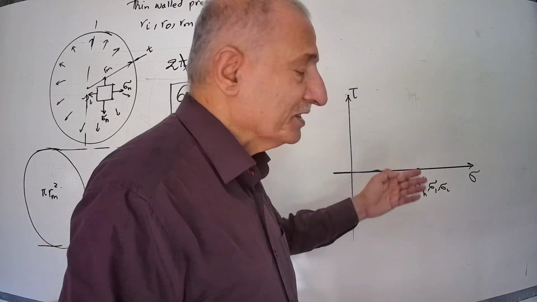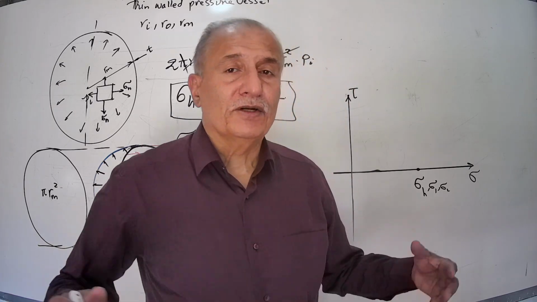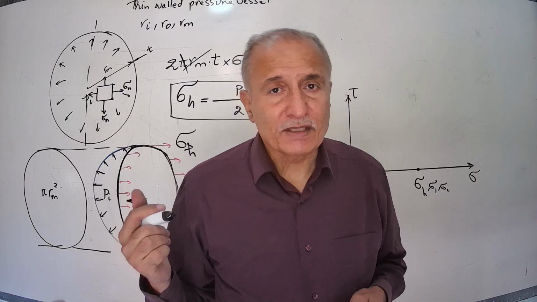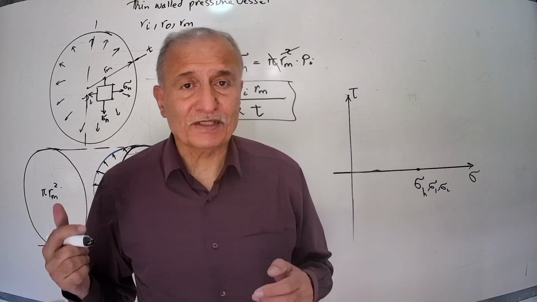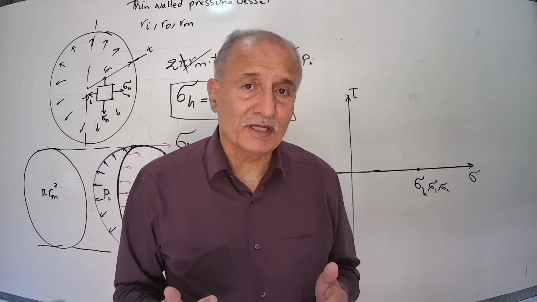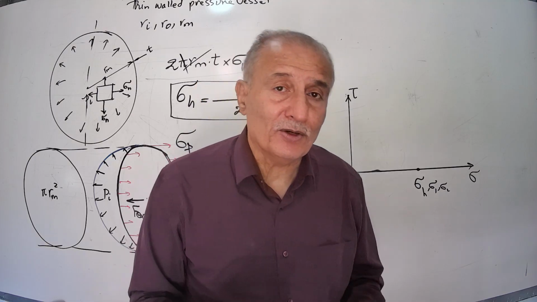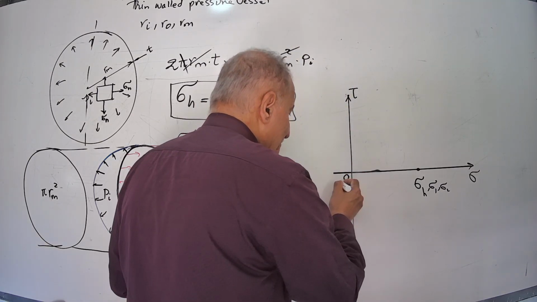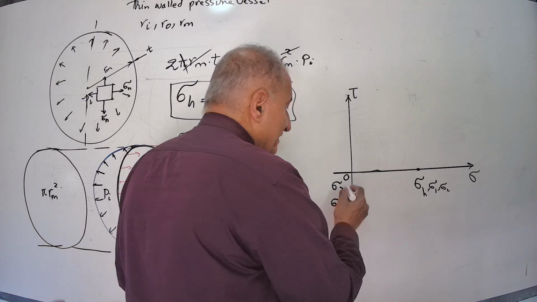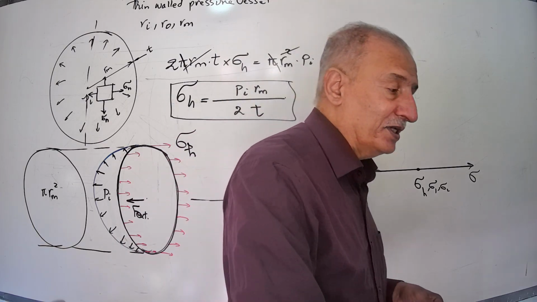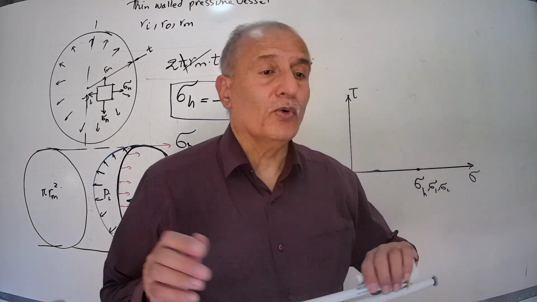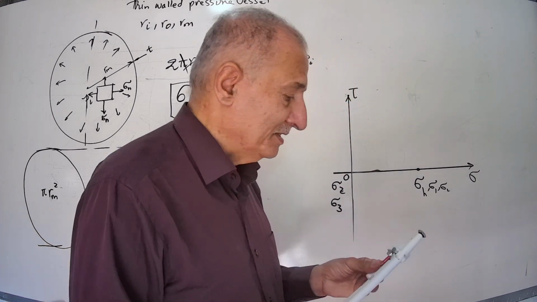Then in two dimensions the Mohr circle reduces to a point. What about the other stress, sigma z? We don't have sigma z, which means its value is 0. If you consider the 0 value for sigma 3 or sigma z, then we can draw a Mohr circle in this case.